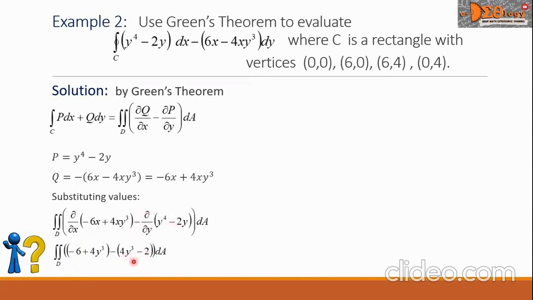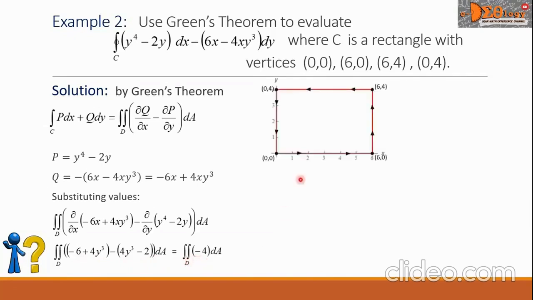So we have 4y cubed minus 2. If we remove the grouping symbol here, we can combine these two functions into a single and simple one, and that is negative 4. Now let us draw our rectangle. The vertices are (0, 0), (6, 0), (6, 4), (0, 4).